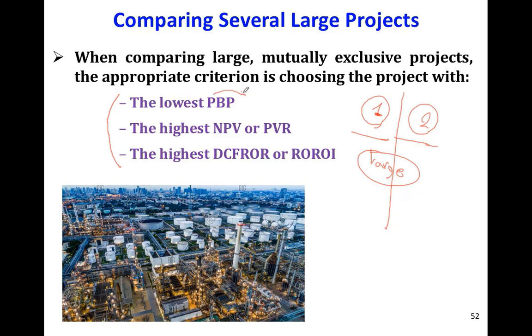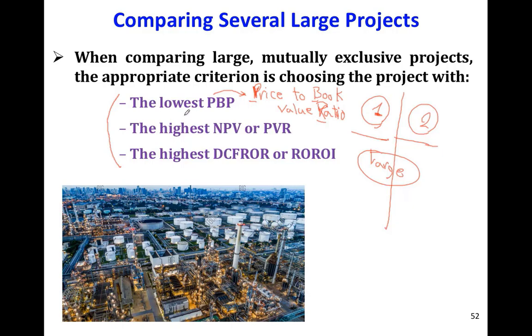Which one has a lower PBP? PBP is an economical factor, I'm not going to talk about it. It's called price to book value ratio, or PBR.